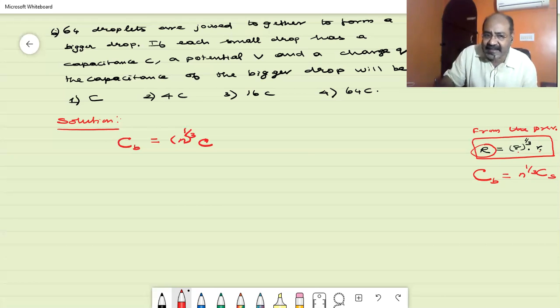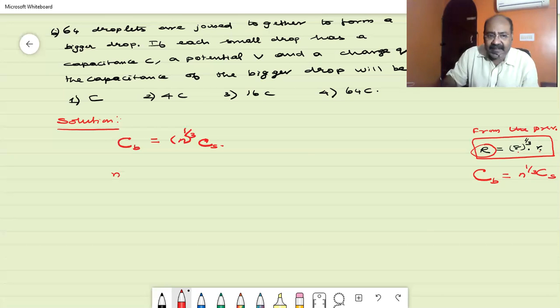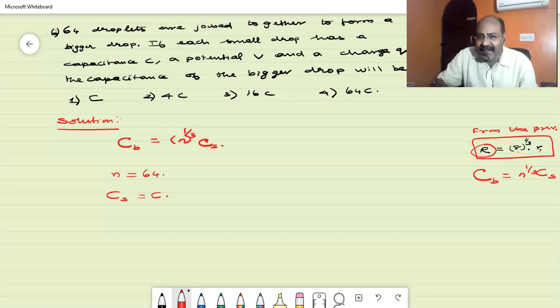Let's consider it as CS. Now what is given? The number of droplets joined, N, is equal to 64, forming a bigger droplet. If each small droplet has a capacitance C, then the capacitance of the smaller droplet is taken to be C. Let us take the capacitance of the bigger droplet as CB, which is C dash.